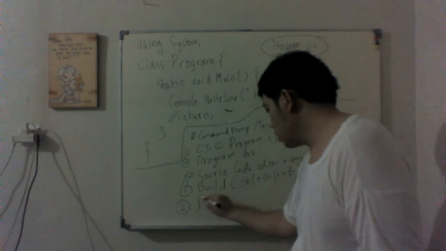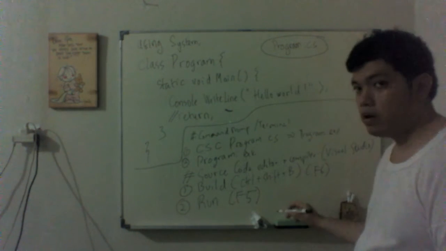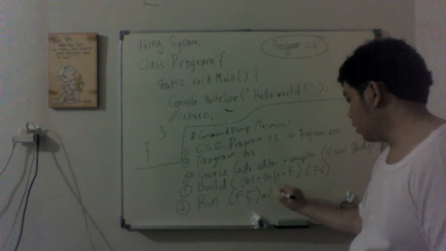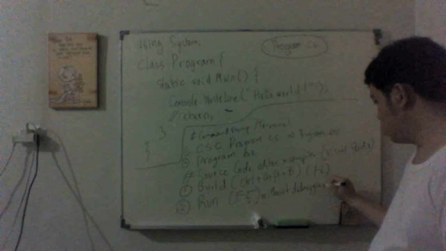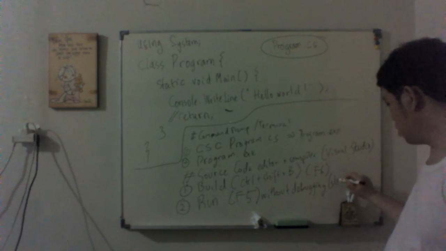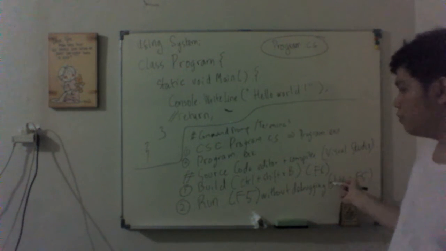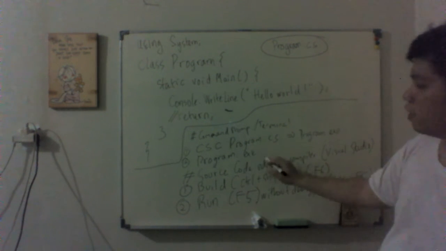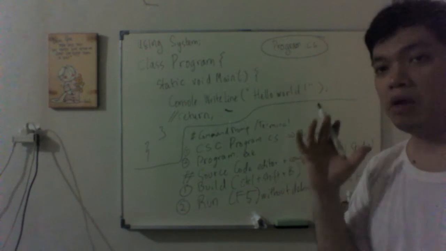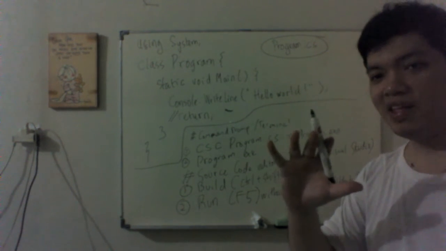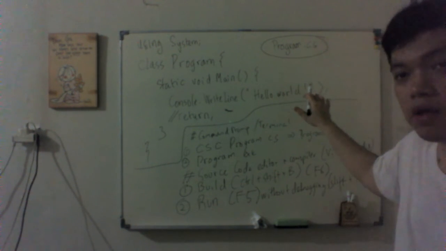Then you run it using F5, or run without debugging using Control F5. It basically does the same thing as running the .exe, and you will see a pop-up of the command prompt showing the hello world string as the output.